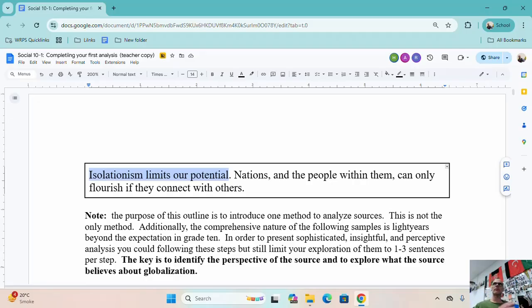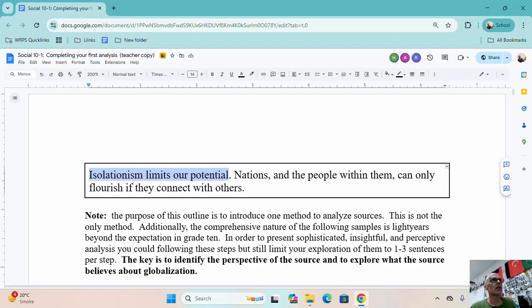One way to go beyond the S is to begin to look at the source and see if one can unpack the claims of the source, the assumptions of the source, and do it in a way that allows you to talk about the proponents and opponents of the source. So, for example, the source claims that isolationism limits our potential.